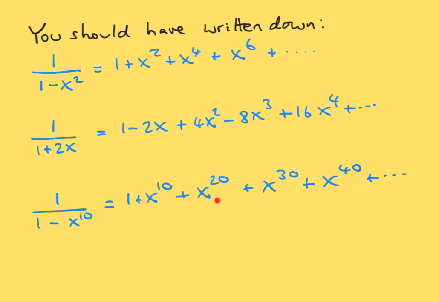So that would be u squared, u cubed, etc. It's an awful lot easier than calculating the expansion of 1 over 1 minus x to the 10th directly from the formula, because if you're going to do that, to get this term, you are going to need 10 derivatives, 20 derivatives for this. And it's really not going to be any fun whatsoever.